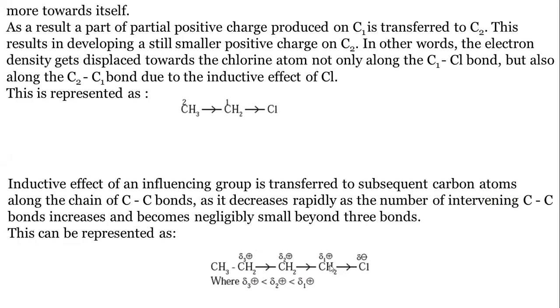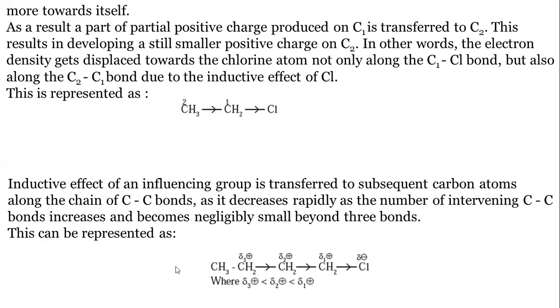So what I am explaining, this is asked for the JEE, NEET and CET exam. As the number of carbons increases, the inductive effect will decrease, remember. So here we can see delta 1 plus, delta 2 plus, delta 3 plus, delta 4 plus, delta 5 plus.